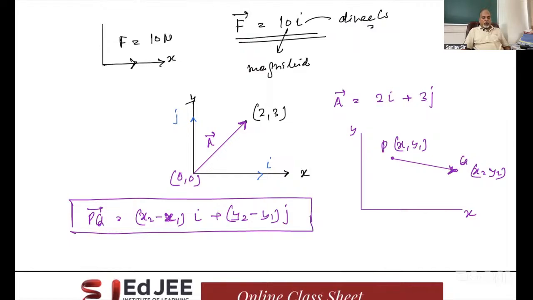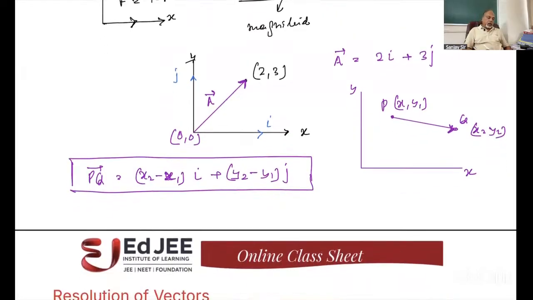You can write down any type of vector like that. If it is three-dimensional, then you can write it down for three dimensions also.